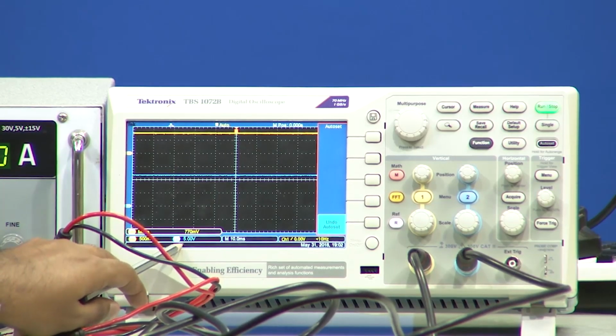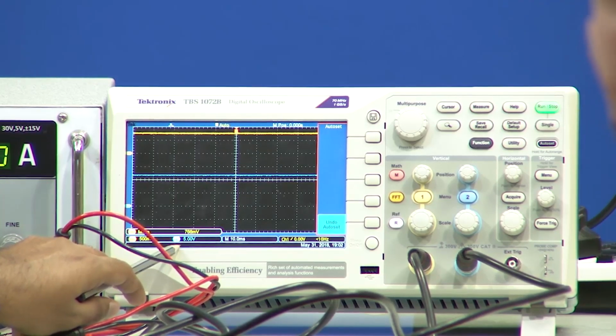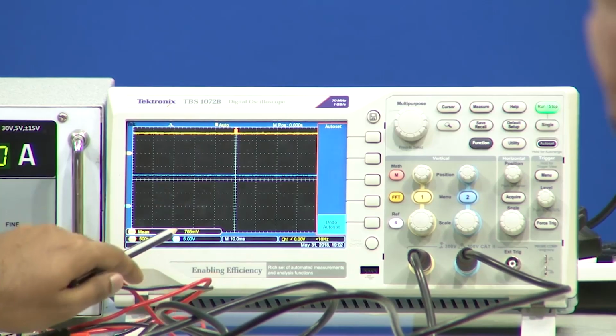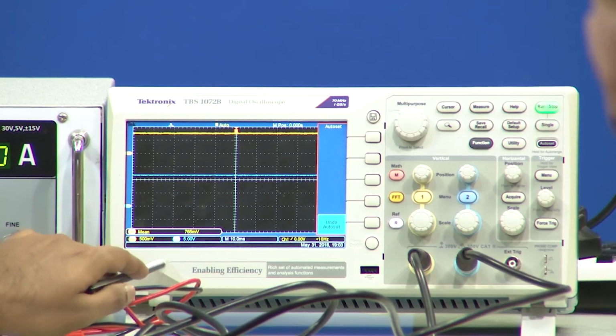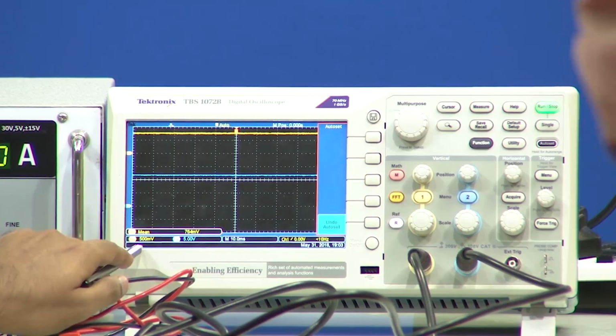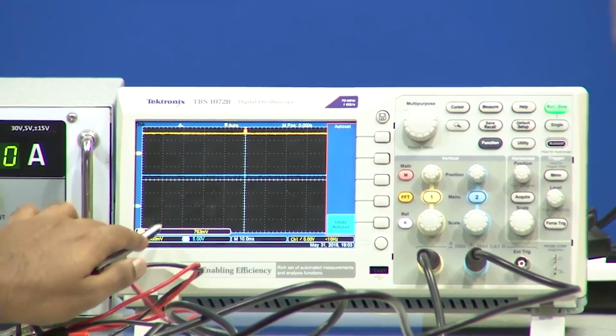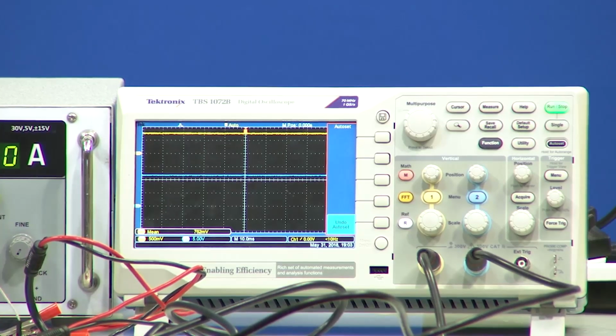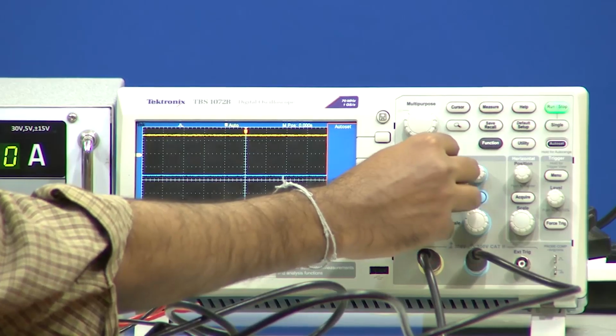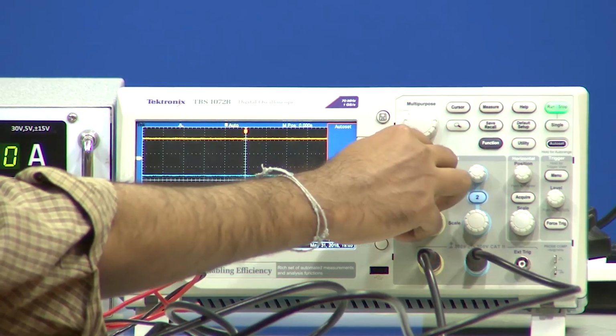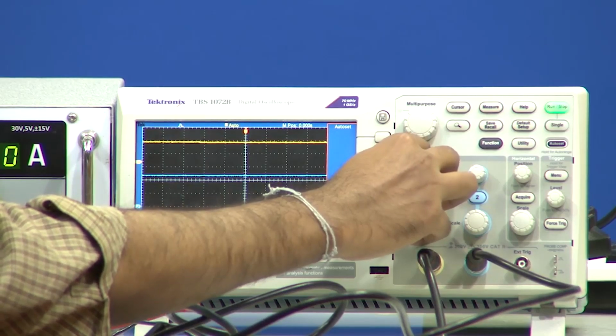If we zoom into the oscilloscope, the second one is 5 volts, whereas the first one, which is yellow color, is 500 millivolts per box. So the output voltage is somewhere around 15 and the input is 0.7.